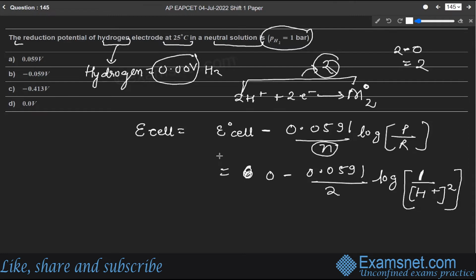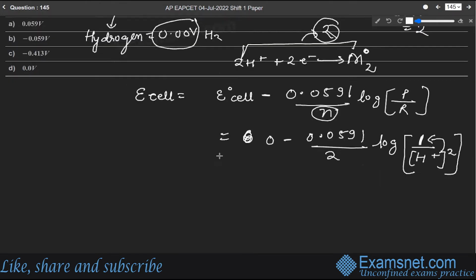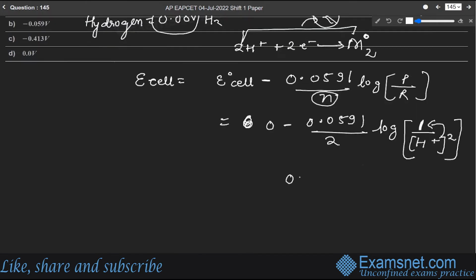Now how will you solve this question? If you write this out, that would come as 0 minus 0.059 divided by 2, log of H positive to the power minus 2, right?